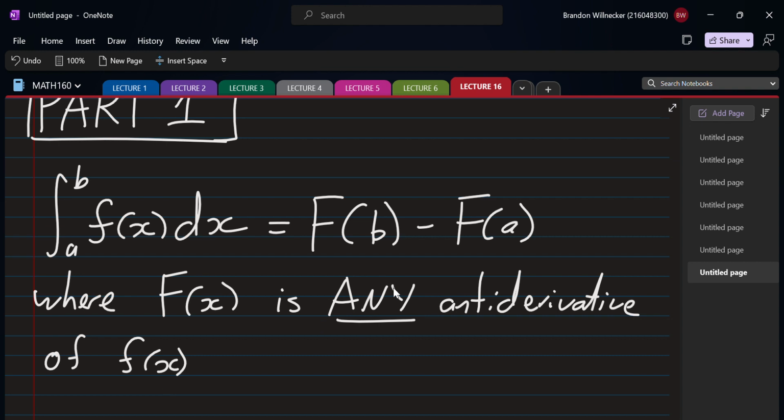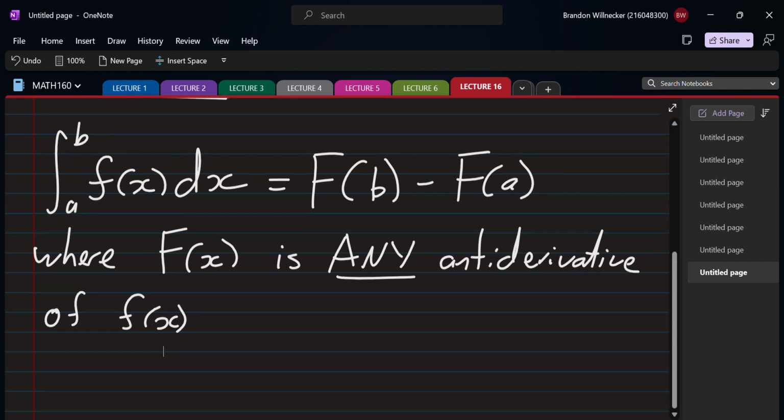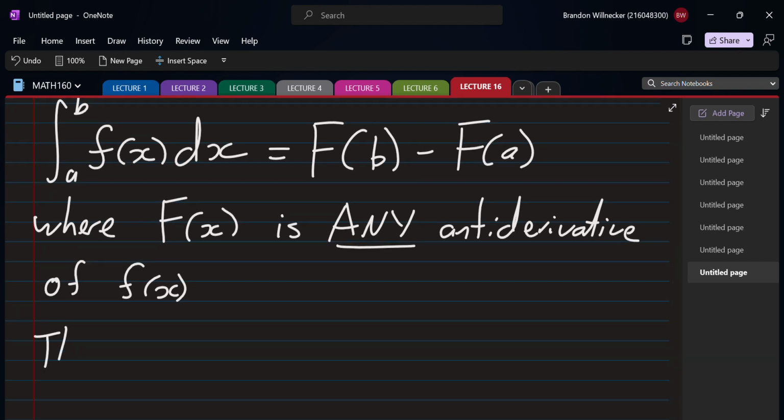It was always a capital F of x plus c, and that plus c could be any constant, which means we have infinitely many antiderivatives. So if we have infinitely many to choose from, how can we pick one to calculate this? The nice thing is, it doesn't matter which one we pick, and we'll show that here.